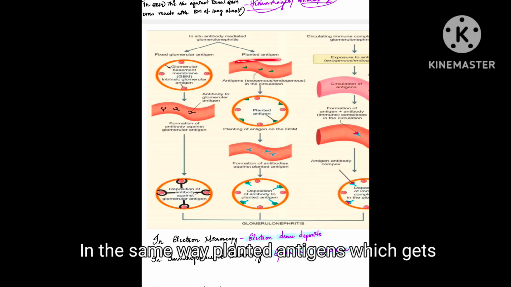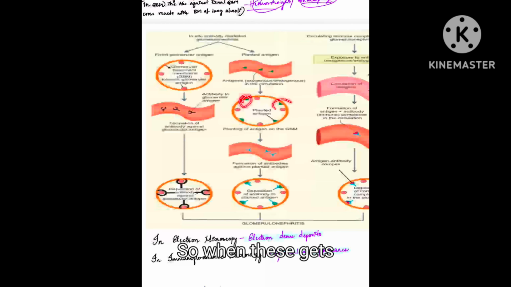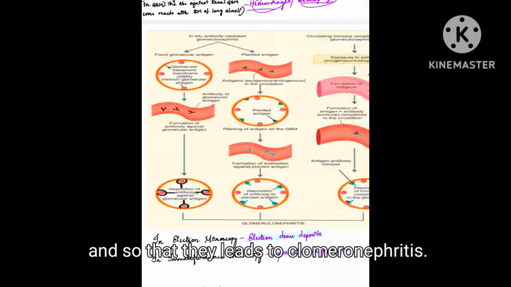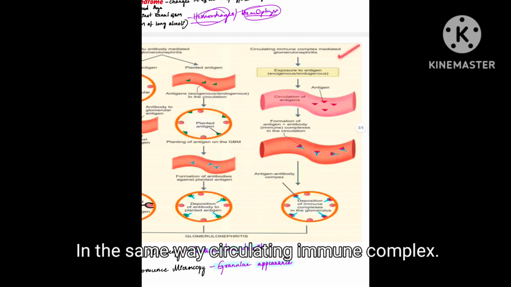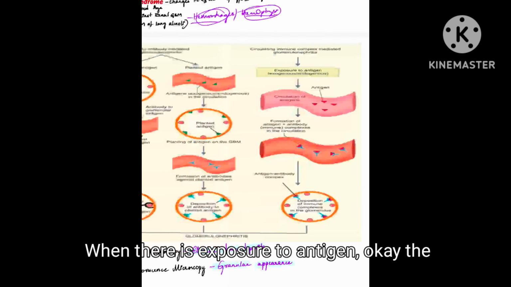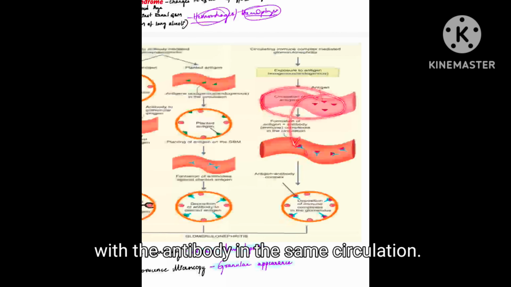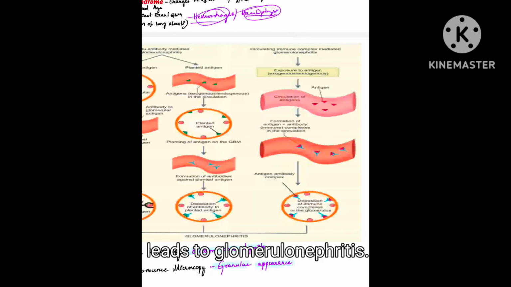In the same way, planted antigens, which get planted later in life, form antigen-antibody complexes and lead to glomerulonephritis. In the same way, with circulating immune complexes, the antigens in the circulation come in contact with the antibody in the same circulation, form complexes, and again lead to glomerulonephritis.